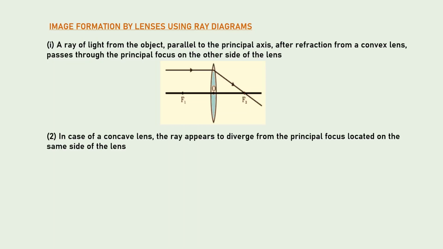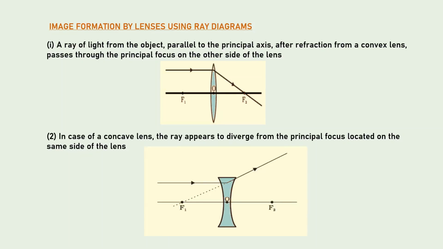In case of concave lens, the rays appear to diverge from the principal focus located on the same side of the lens. When parallel rays are incident, they are diverged by the lens, but when we extend them geometrically, they will meet at point F1.